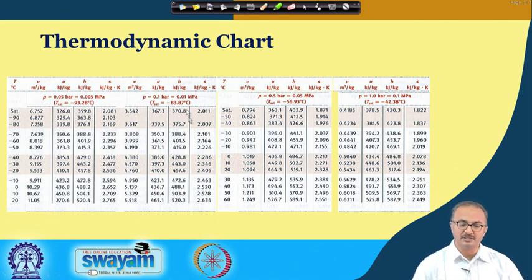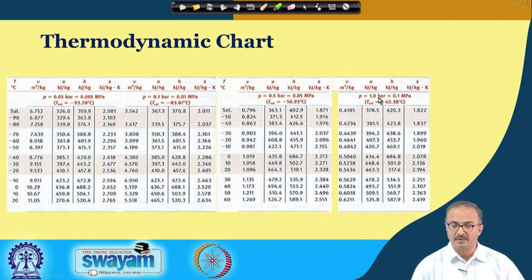So, in this particular table for the superheated vapor, we will not be getting the values of the enthalpies or any other thermodynamic properties below this temperature. Here we have the value of the enthalpy for the saturated vapor, and then it is directly going to minus 80 degree centigrade. Similarly, for 0.5 bar it is minus 56.93, and the values start from minus 50 onwards.